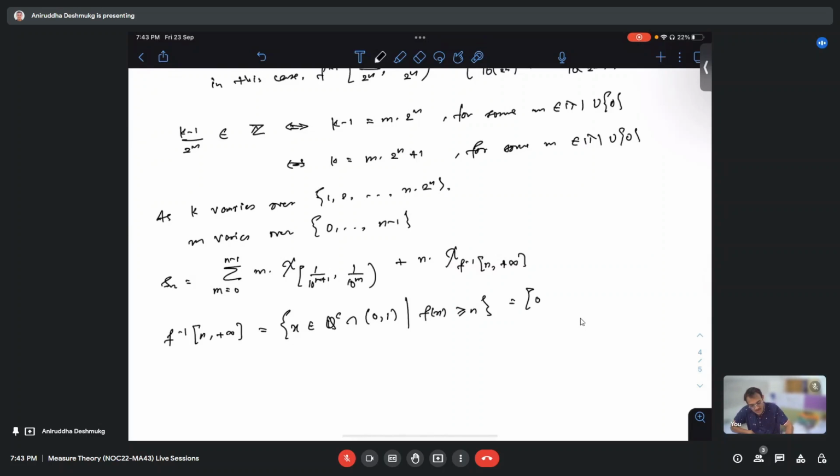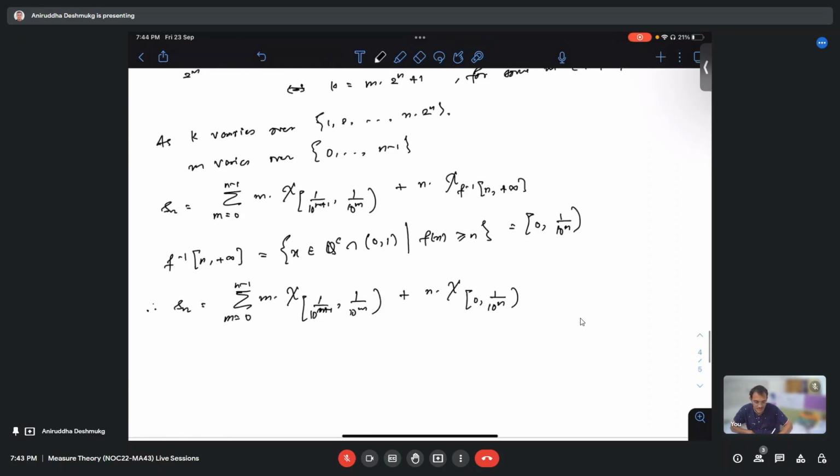So this is 0 to 1 over 10 to the power n, and one can notice that exactly this part is left. This should be open. Therefore, Sn is the sum over m from 0 to n minus 1 of m into chi of 1 over 10 to the power m plus 1 to 1 over 10 to the power m, plus n times chi of 0 to 1 over 10 to the power n.